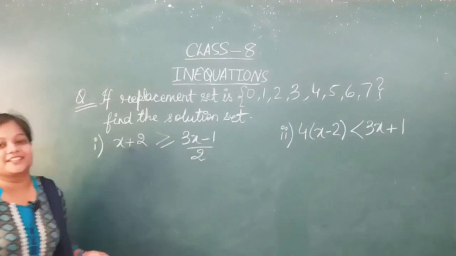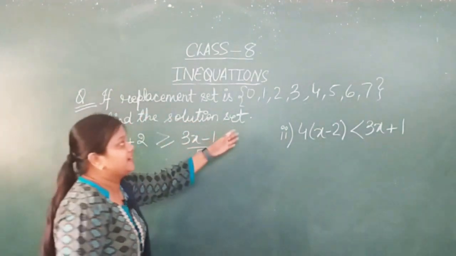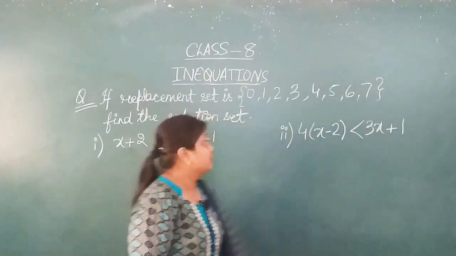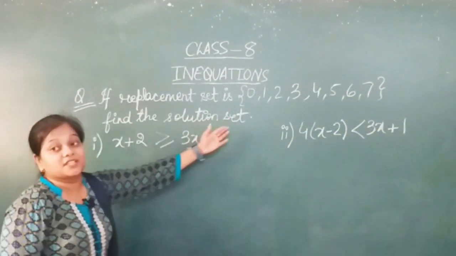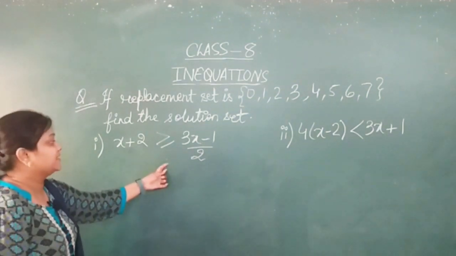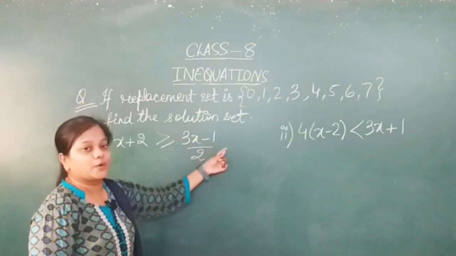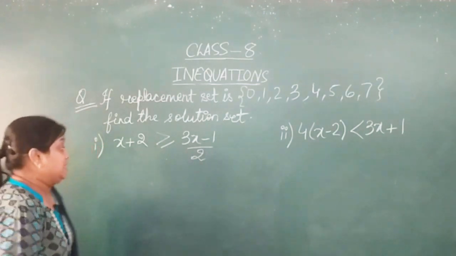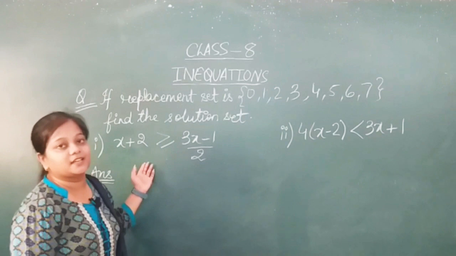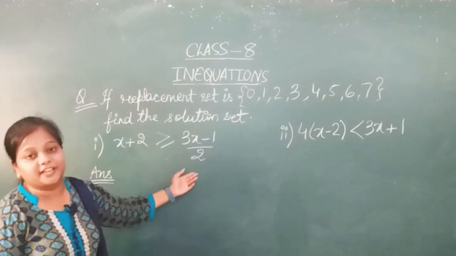Our next question is, if replacement set is 0, 1, 2, 3, 4, 5, 6, 7, find the solution set. Our first part is x plus 2 is greater than and equal to 3x minus 1 upon 2. To solve this, firstly, we will convert it into the standard form of linear inequation.